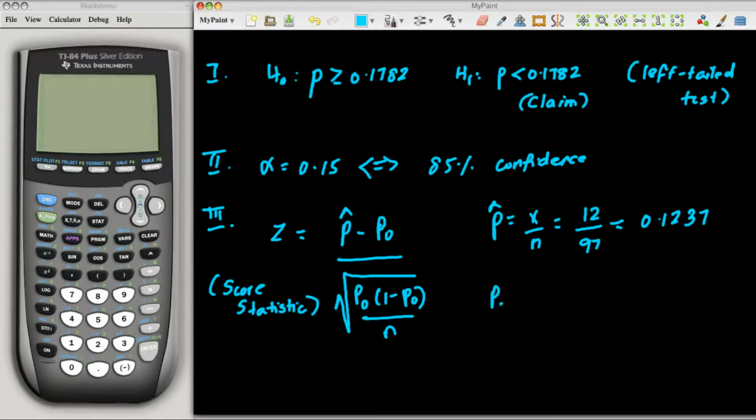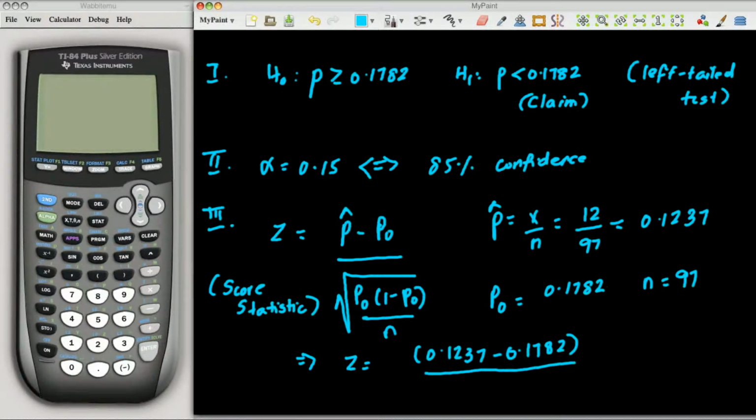P naught is the claimed value of the proportion, which is 0.1782. N is the sample size, so we just have to plug in all these values in the test statistic formula, which is 0.1237 minus 0.1782, divided by square root of 0.1782 times 1 minus 0.1782 over n, which is 97.